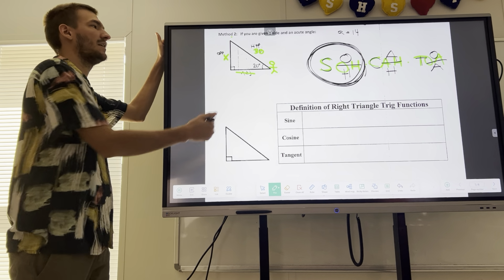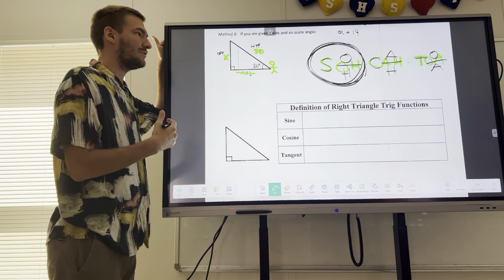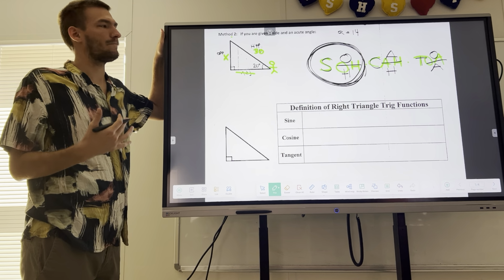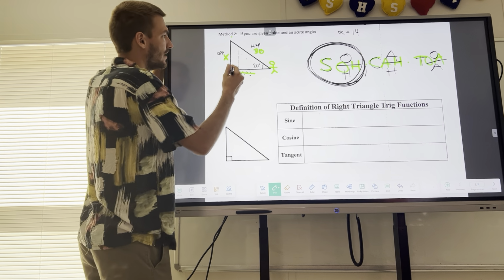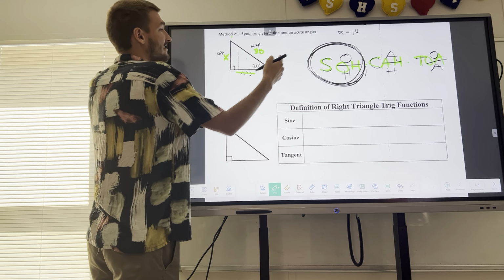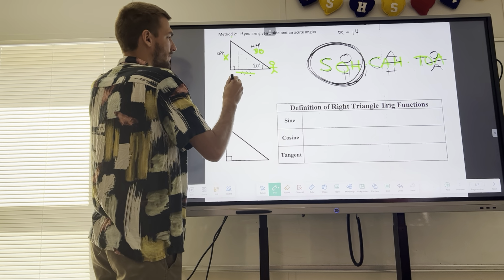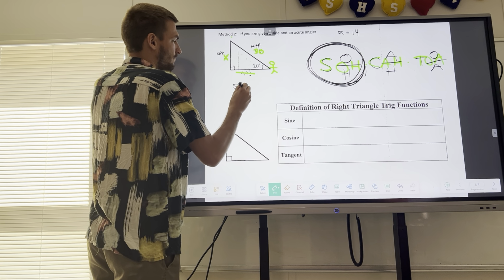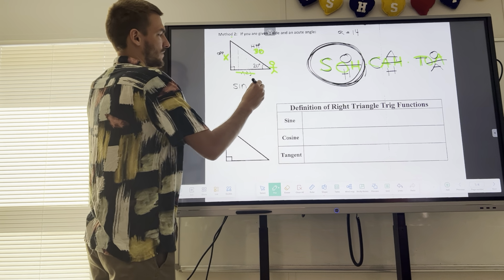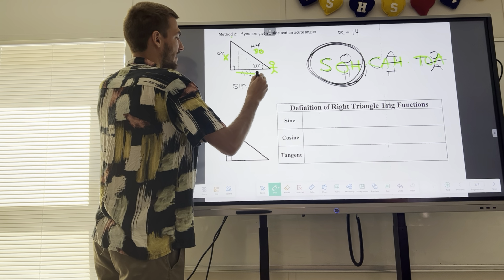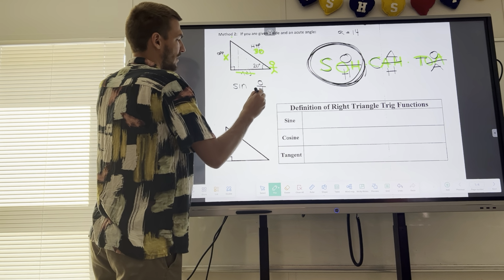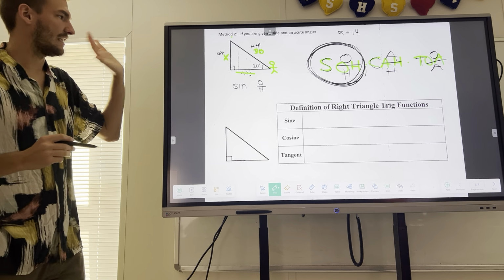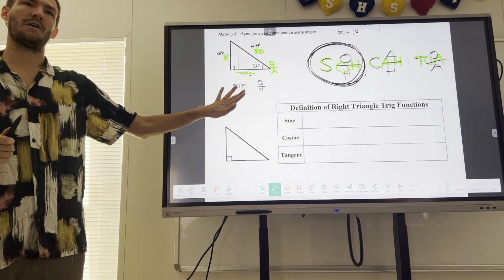And for this question, that's what we got. Sweet, so let's make a little equation here. We have the sine, what we chose. We know we need O and H.